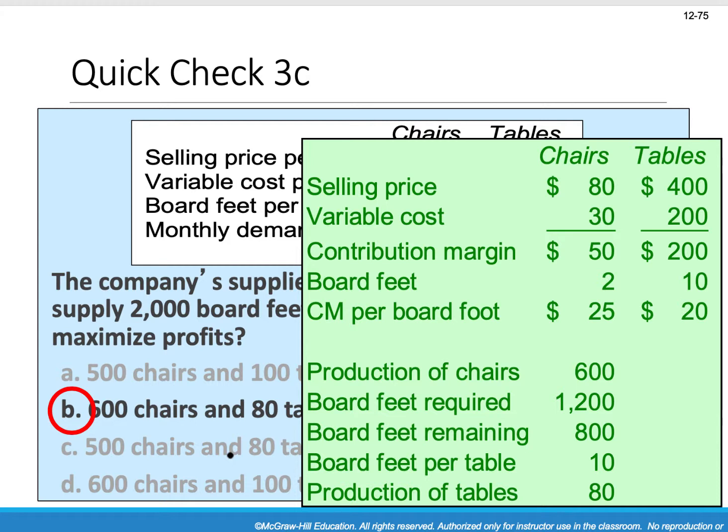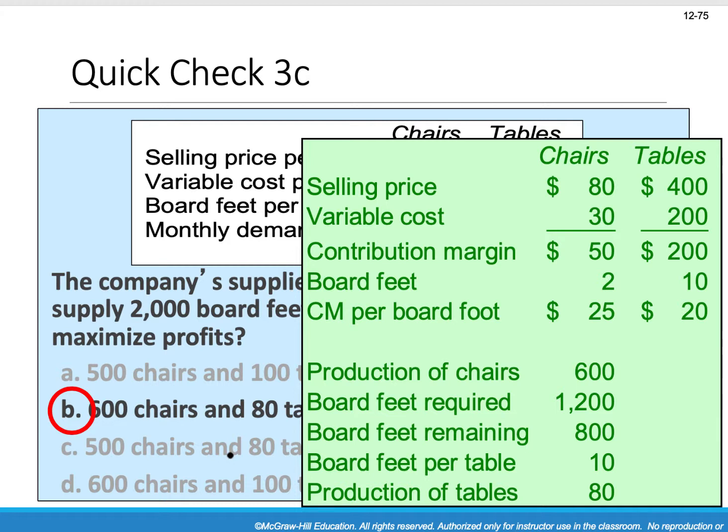Remember, first calculate the contribution margin, then determine what the constrained resource is per product, and you have to compute the contribution margin per that constrained resource.